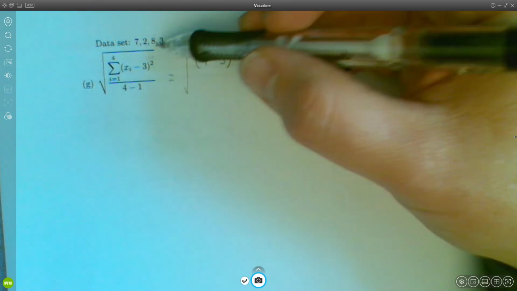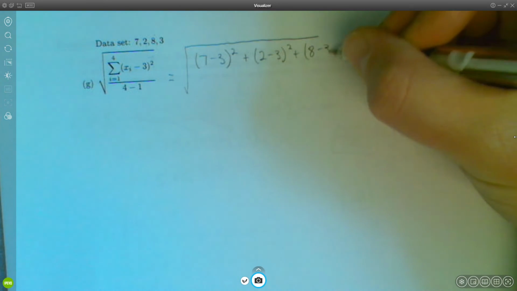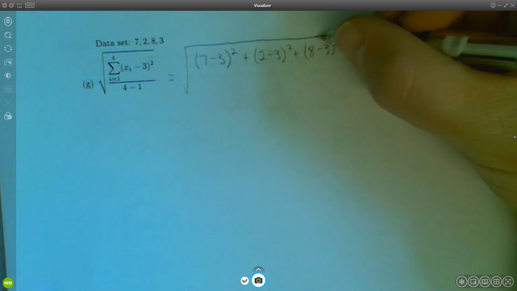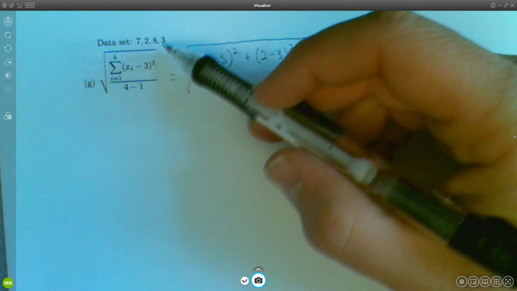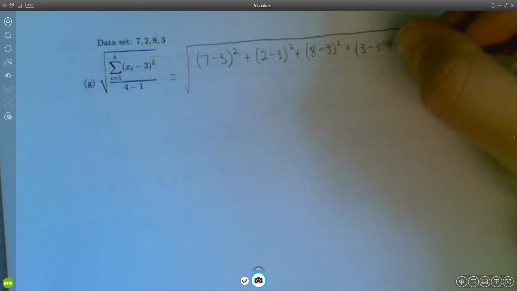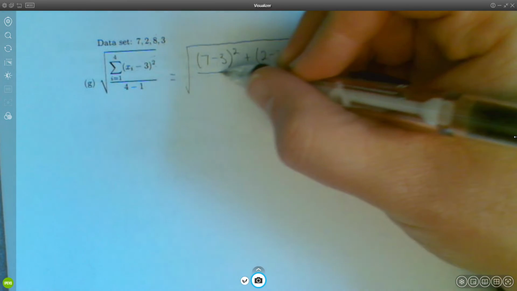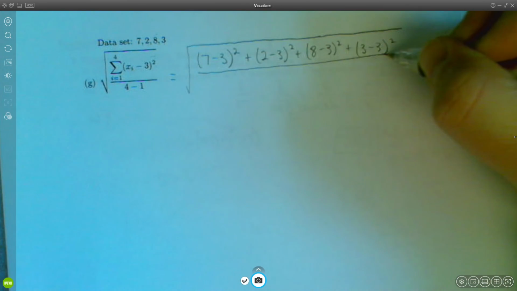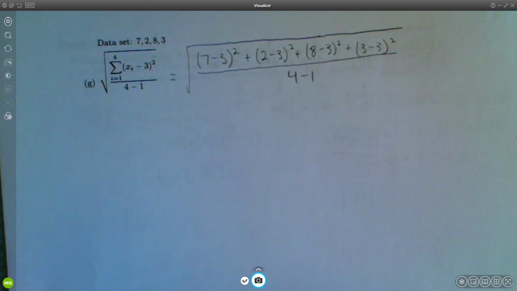And then I want to plug in x3. That's an 8. So I'm going to say plus 8 minus 3 squared. And then I want to do x4 minus 3. x4 is 3, so this is going to be 3 minus 3 squared. And then I want to divide that whole thing by 4 minus 1, and then take the square root. Okay.